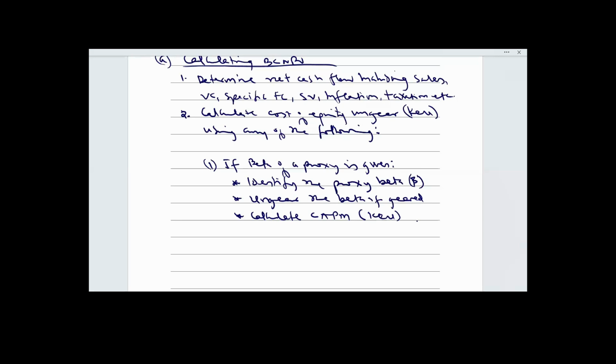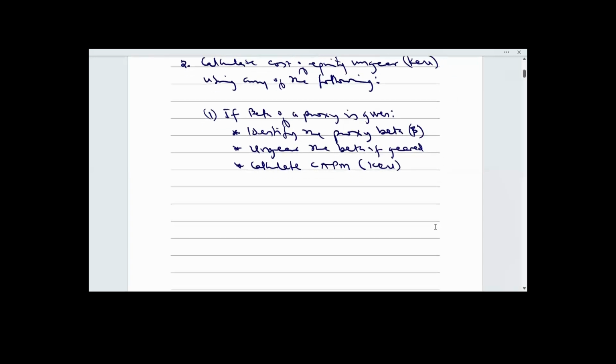All right. So these are all the formulas that you are going to need to ungear. You know the formula for calculating Keu. All of this we have done under project specific cost of capital. It's the same thing.